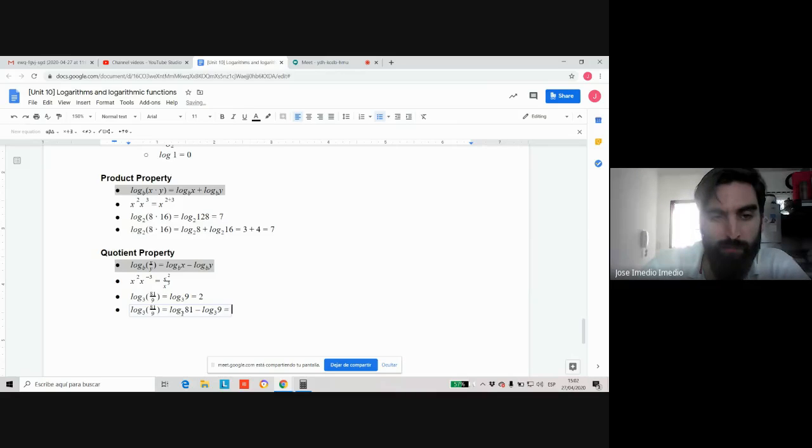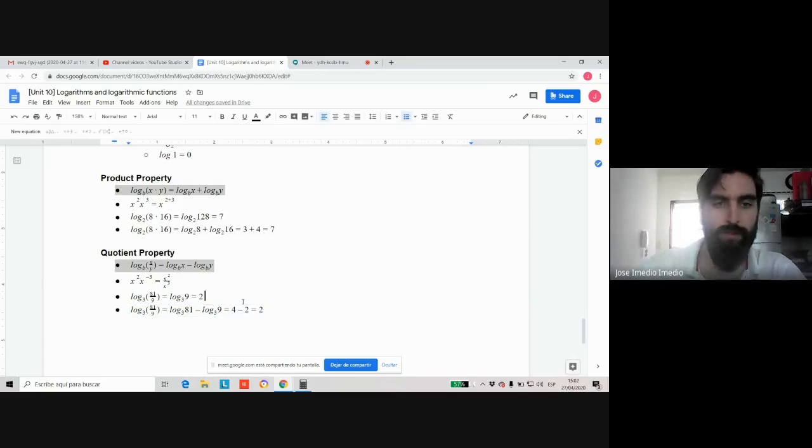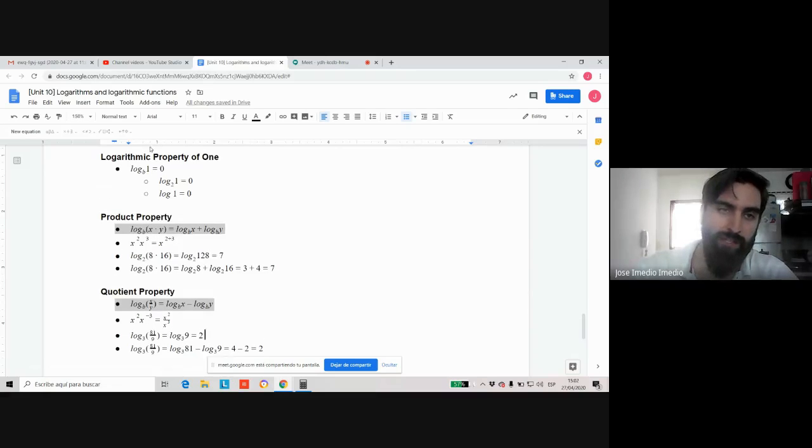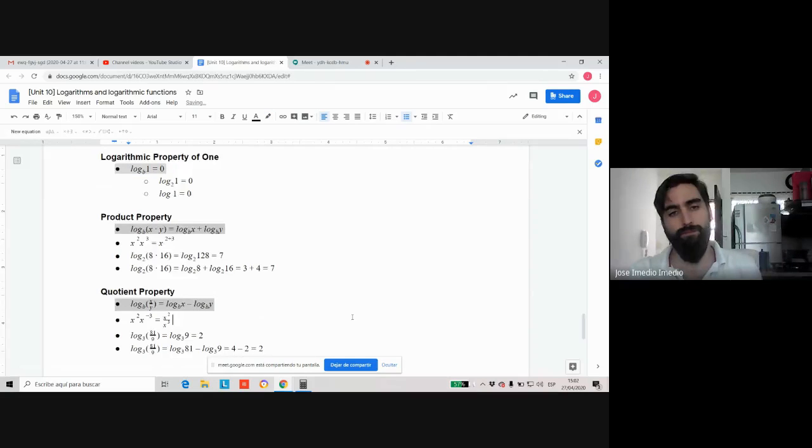And this is going to give me the logarithm base 3 of 81 is 4 minus the logarithm base 3 of 9, which is 2. And this indeed equals 2, which is giving us exactly the same result as before. Okay, and that's the quotient property. I'm going to highlight this one as well.